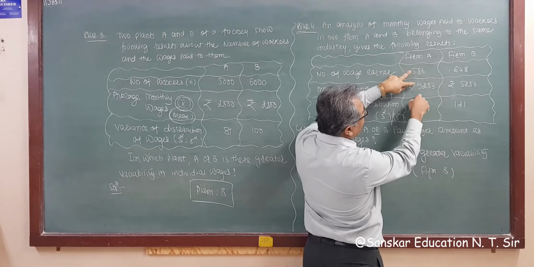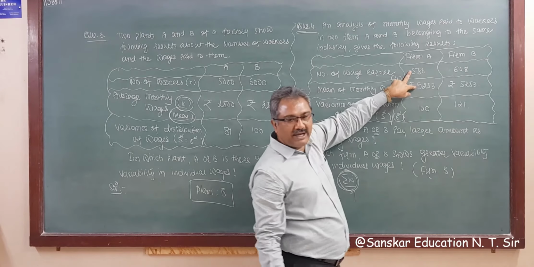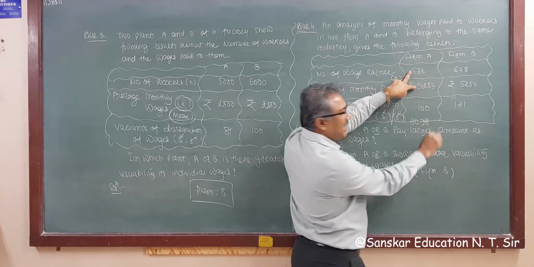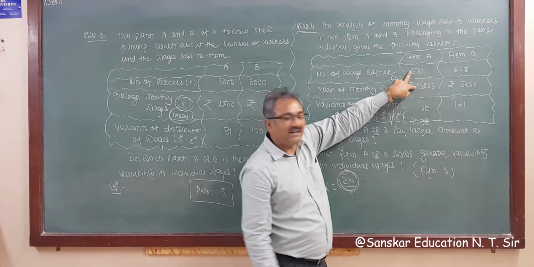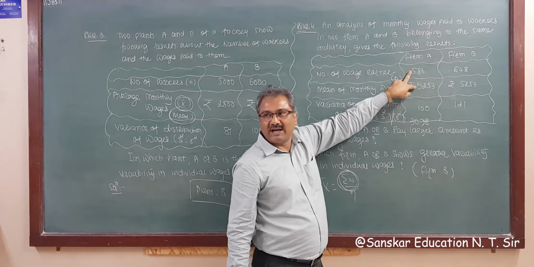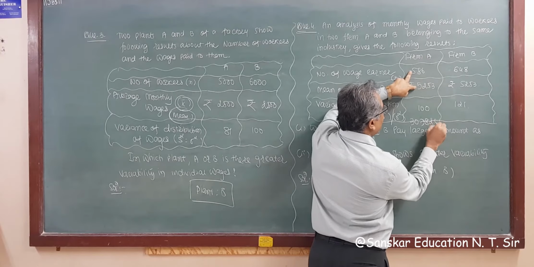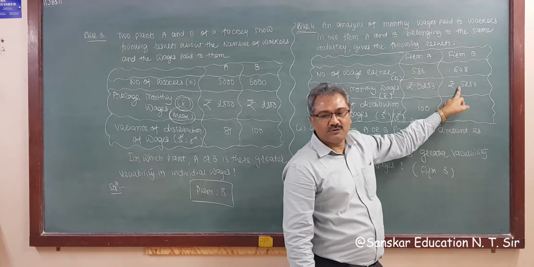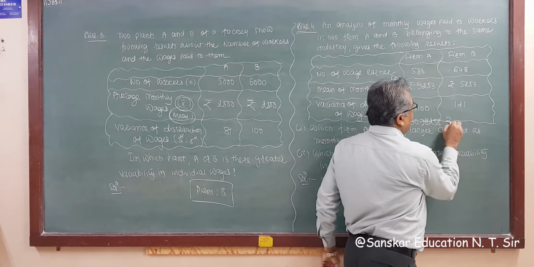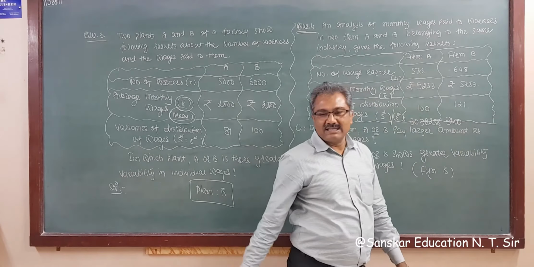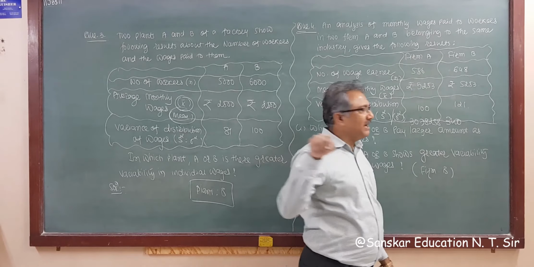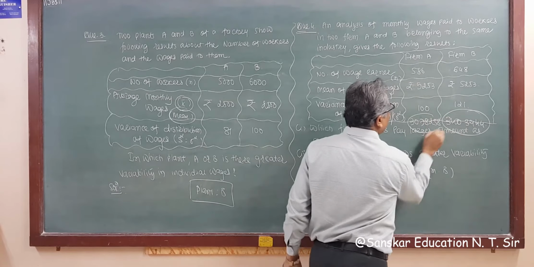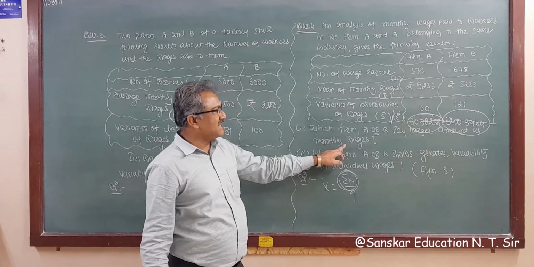So if you multiply 5253 into 586, your answer will be 3078258. And if you multiply 648 into 5253, the answer will be 3403944. So this is your monthly wages.